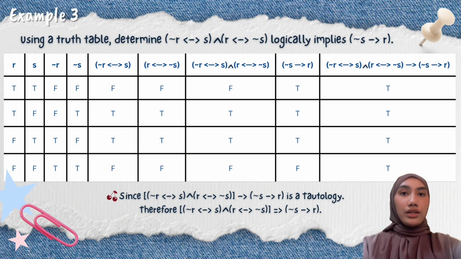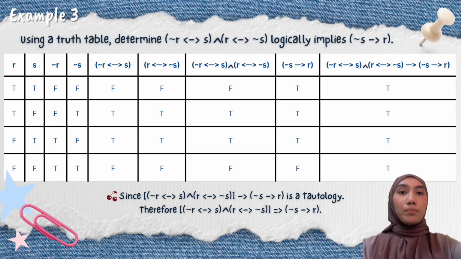After that, we evaluate the biconditional statements. For not R biconditional S, false, true, true, false, and for R biconditional not S, false, true, true, false.